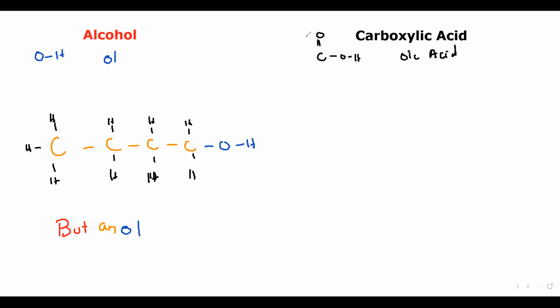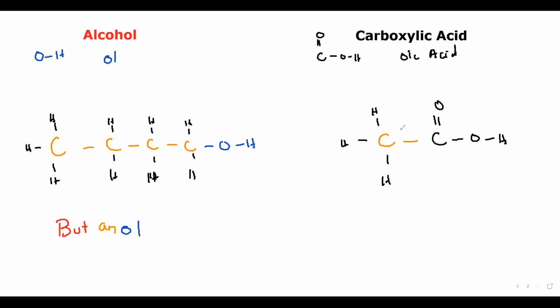Whereas if we have, say, two carbon atoms, so C double bonded with O and OH is there, and next to that is only one carbon. So this will have three hydrogen atoms, 1, 2, 3.